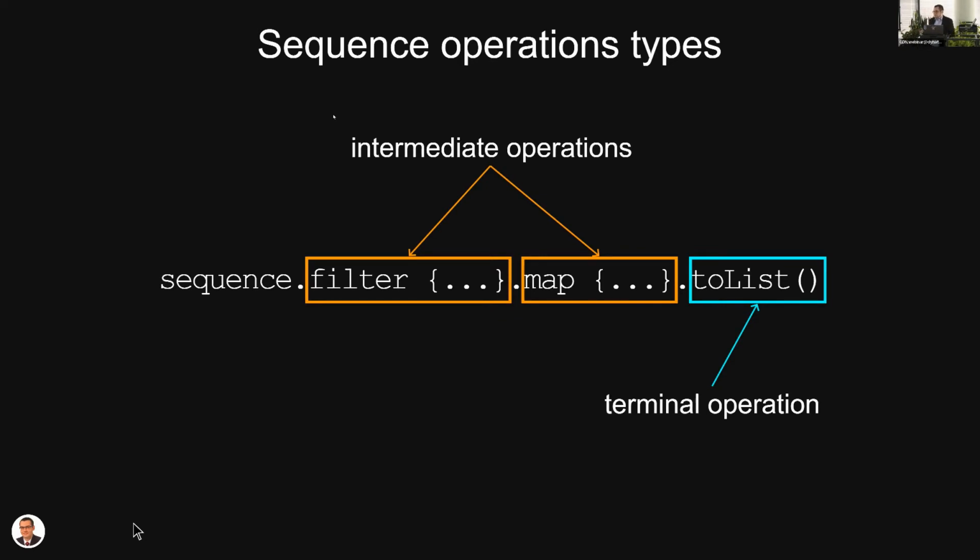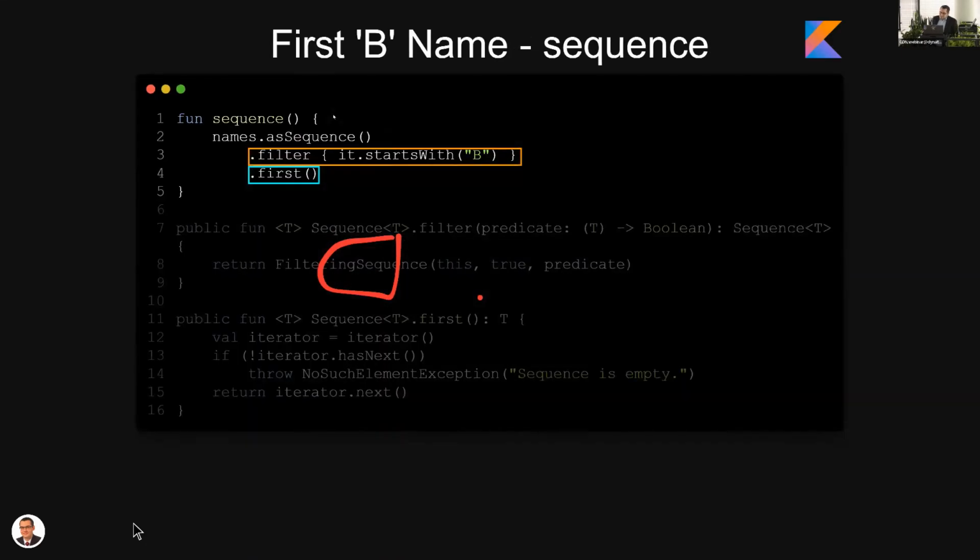And the terminal operations don't give us a sequence as a result, but some actual final result that we're interested in. So let's analyze this example. The filter is the intermediate operation, and the first one is the terminal operation.